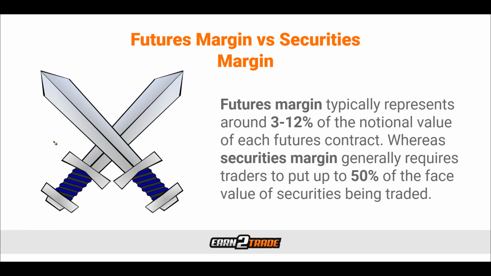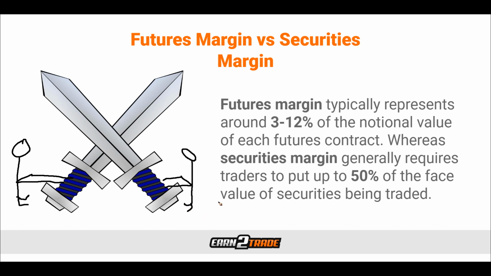So let's just for a minute pretend that there's a guy right over here, and his name is going to be Mr. Futures, and this is his weapon. He's got really, really weirdly long arms and tiny legs. And then we have a guy over here, and this is going to be Mr. Securities Margin, and this is his weapon over here with, once again, really long arms and really small legs.